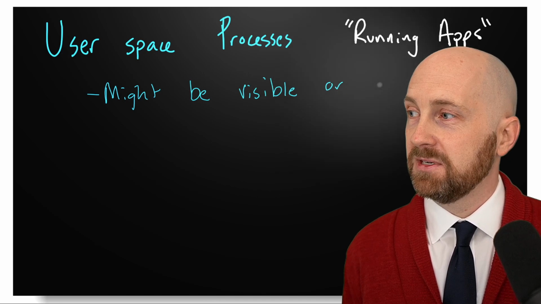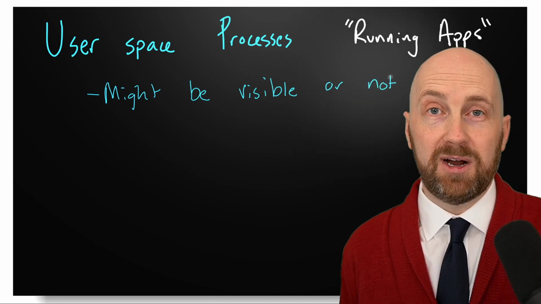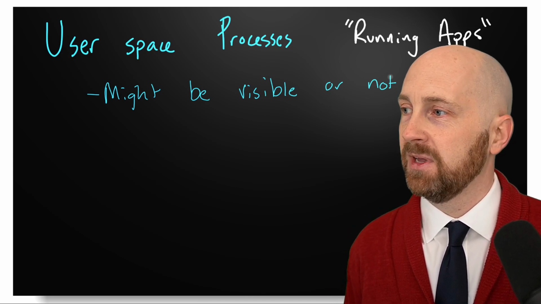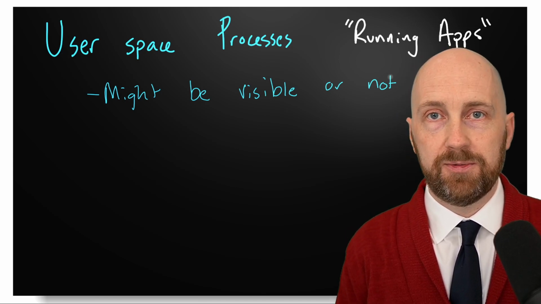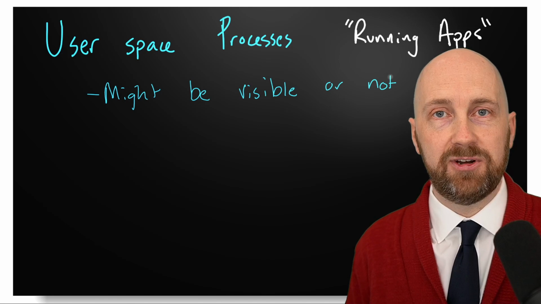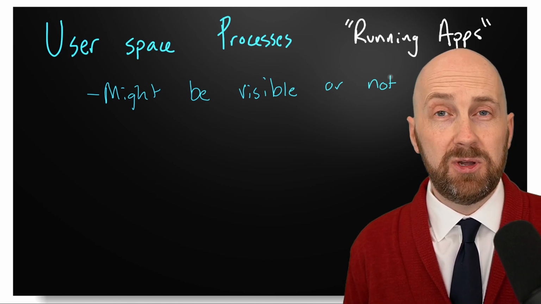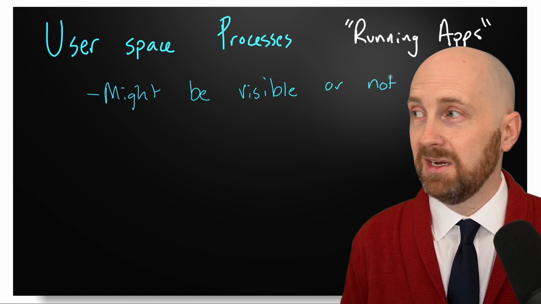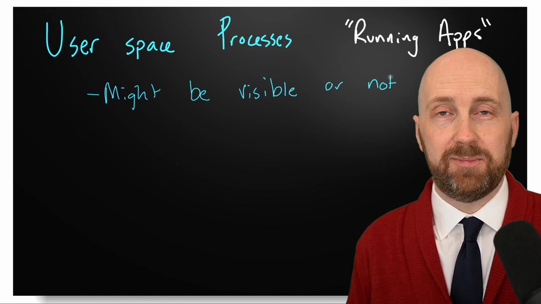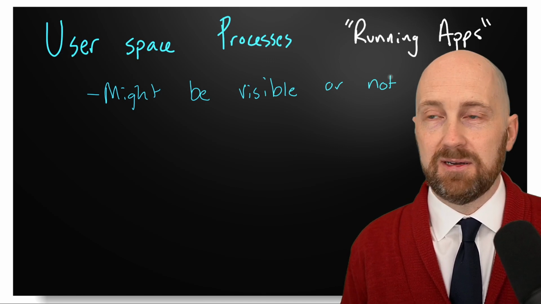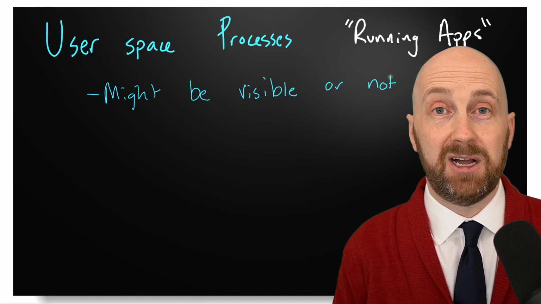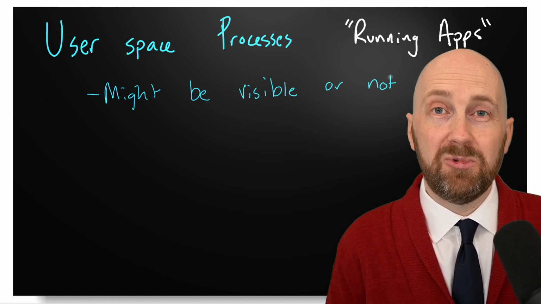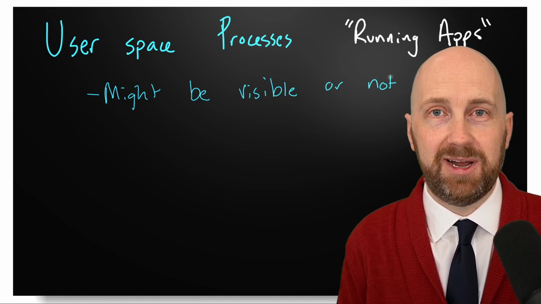And those apps are things like the web browser that you're using to watch this video in, or the YouTube app, perhaps, or when you're running Word or any other application on your phone, it might be visible at some time. But you also know that behind the scenes, there can be other applications running as well, such as maybe you use Dropbox for backing things up, or some security software that's checking your files in the background that you're not interacting with, but you know that they're still running and they're still doing things on your behalf.